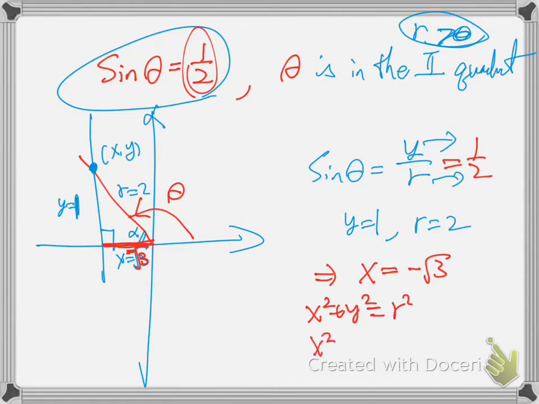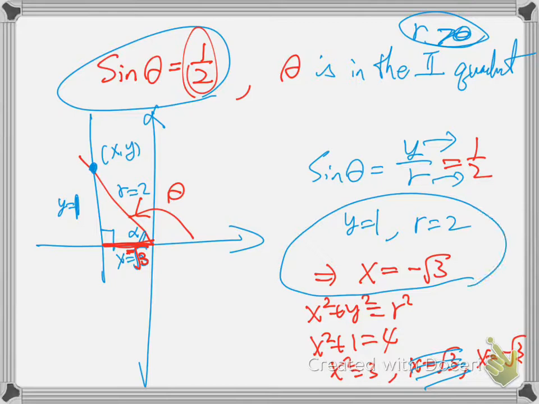So x squared plus 1 is 4, x squared is 3, so x is radical 3 or negative radical 3. Based on the picture, x is negative, so you delete the positive.